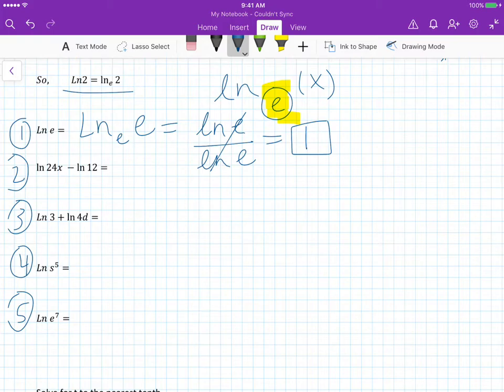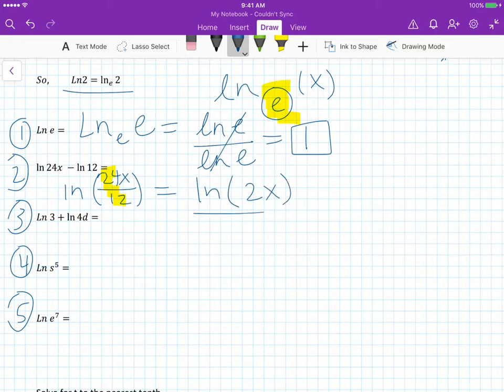The quotient rule says that I can combine these two into 1 and switch it from subtraction to division. So it's 24x over 12. Well, I can simplify that because 24 over 12 is just 2. So instead of 24 over 12, I'm just going to write the ln of 2x.